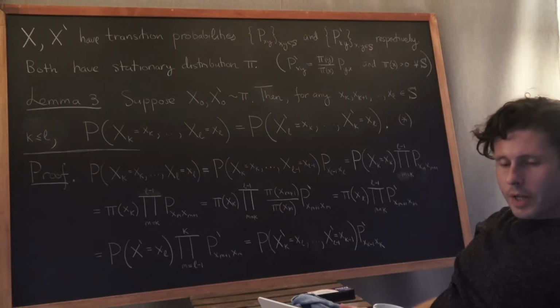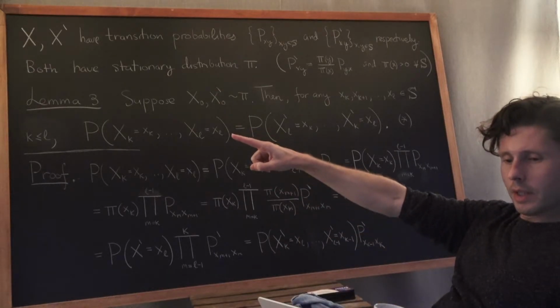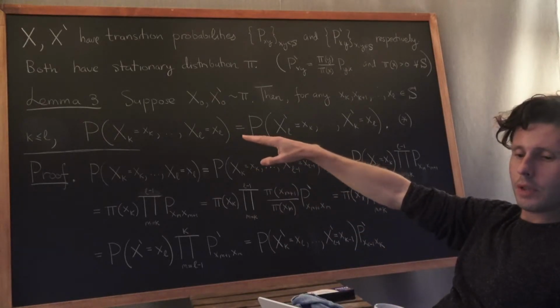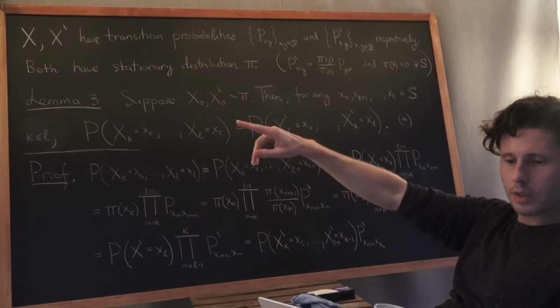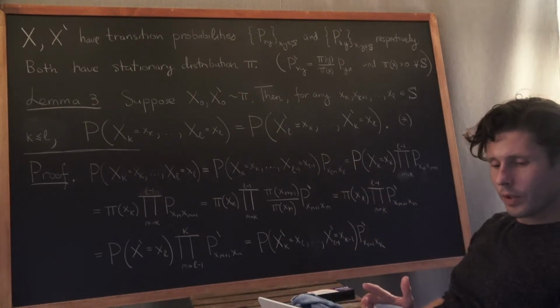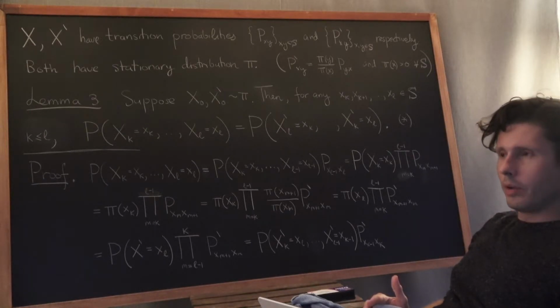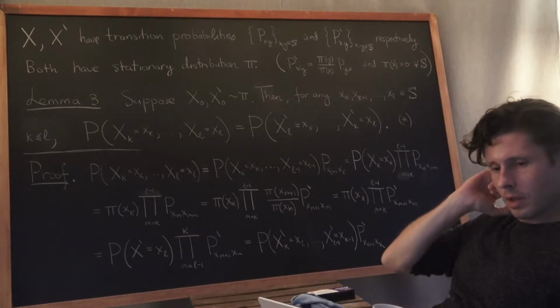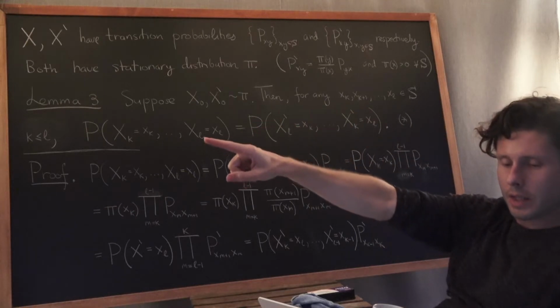Not surprisingly, the k and the l represent times. If you look at the left-hand side, we're going to have essentially two probabilities that are equal to each other, but let's go one at a time. Let's look at the left one. The left one concerns the chain x, and it's talking about a trip that x took. It started at time k, when it was in state little xk.